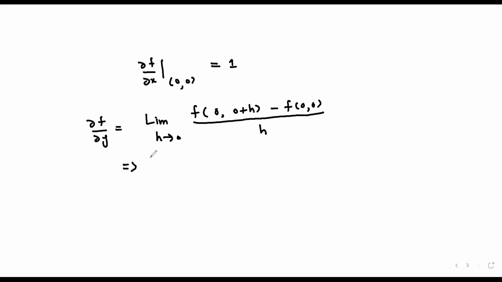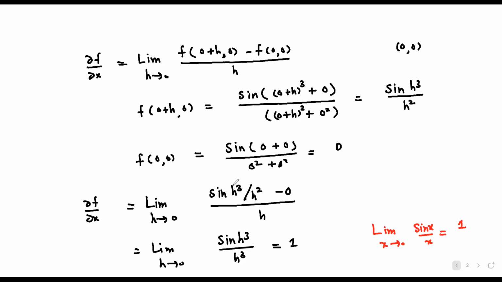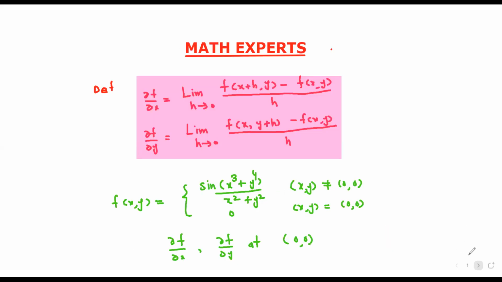So first of all we find f(0, 0 plus h). This is equal to sine of, the function is sine of x cubed plus y raised to power 4.